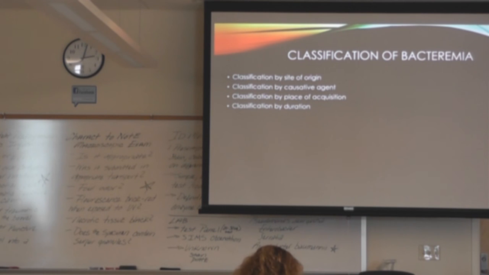You do have a classification of bacteremia. You're talking about the site of origin, the causative agent, place of acquisition, and the classification by duration. Place of acquisition, basically you want to be looking at is it community acquired or nosocomial, or did the person just get it randomly from another infection?